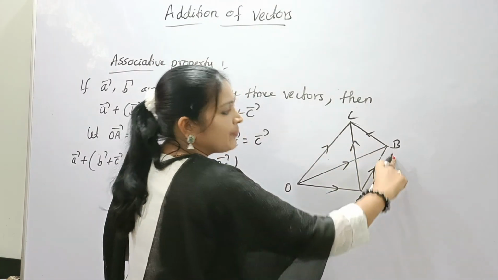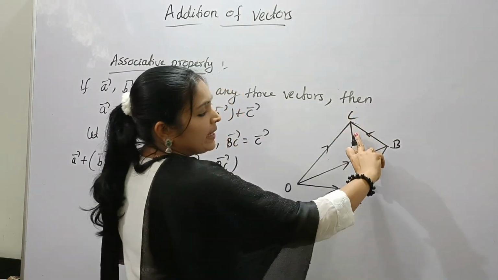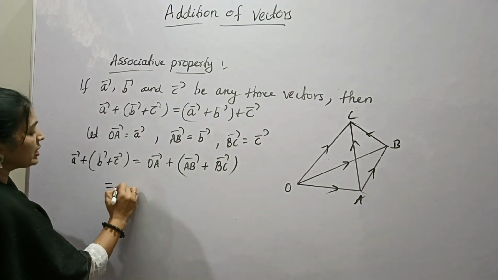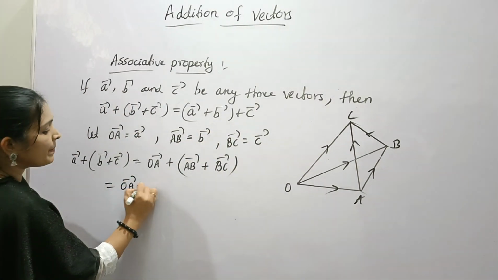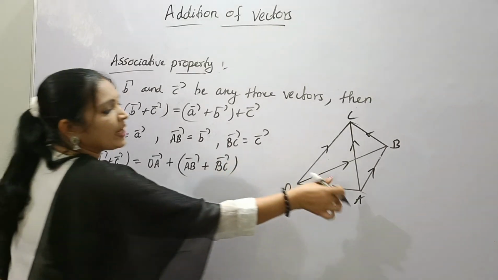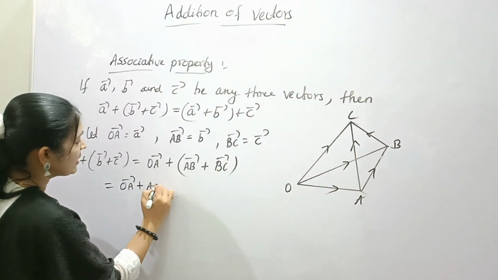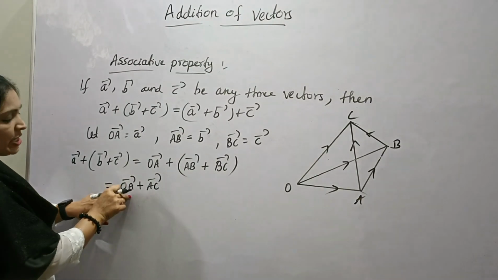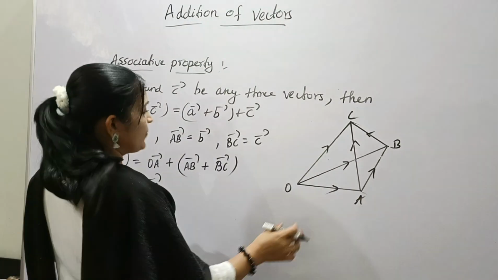So this can be written as vector OA plus vector AC.